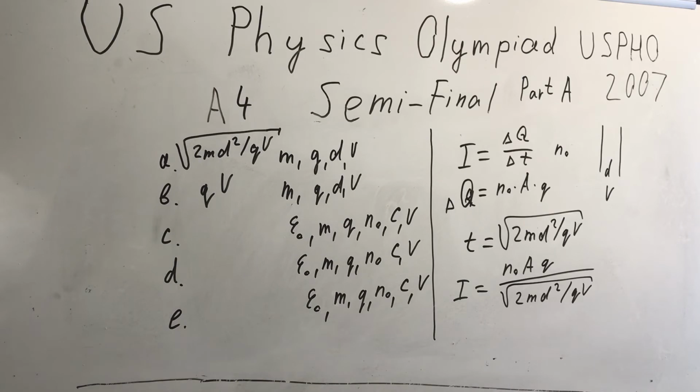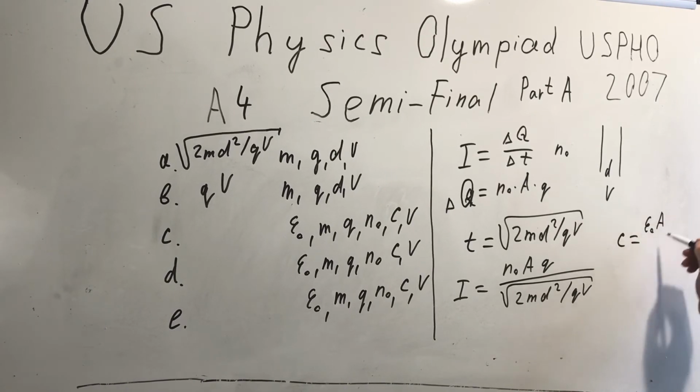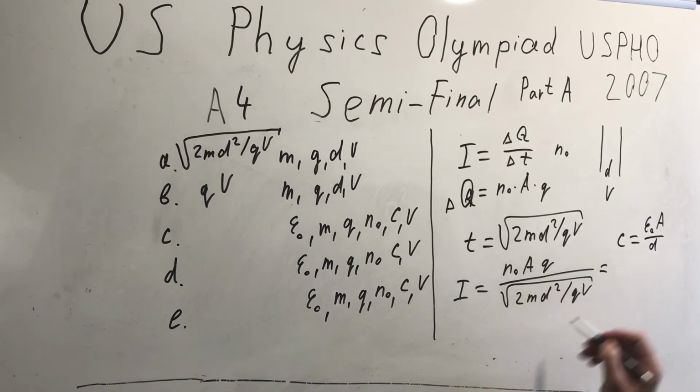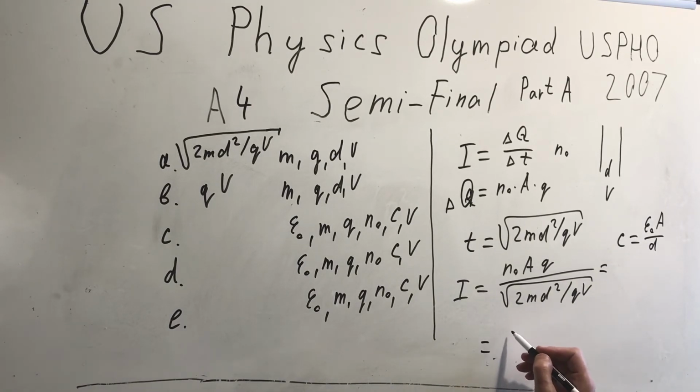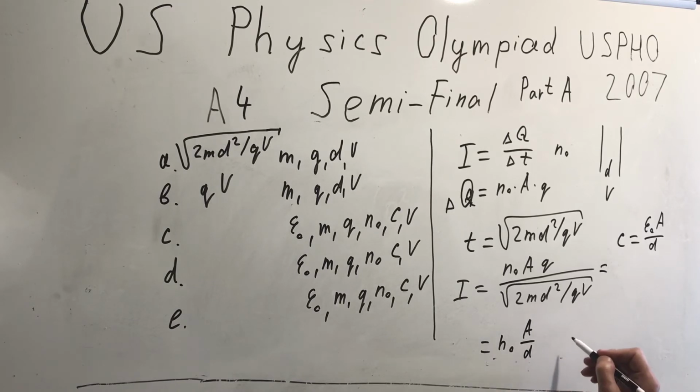Now we can see that we have capacitance here, and capacitance we can calculate from geometry and epsilon 0. Capacitance equals epsilon 0 A over d, and we can rewrite this expression in the form of n0 A over d, and here we have q over root of 2m over qV, and this is capacitance divided by epsilon 0.